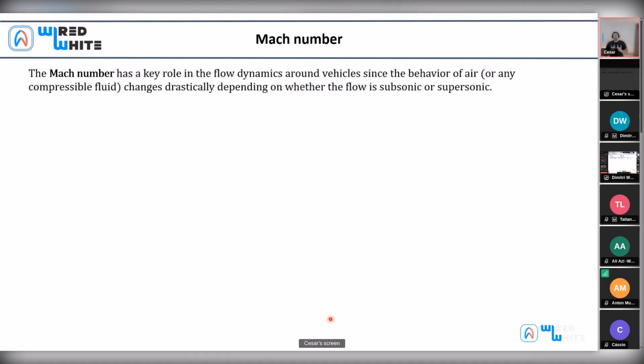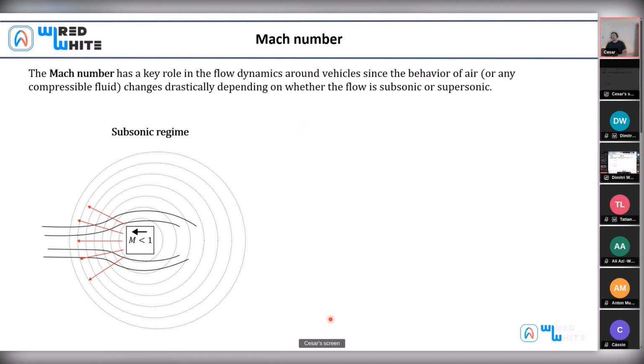So why is the Mach number so important? This is because the Mach number has a key role in the flow dynamics, right? Because these dynamics change abruptly depending on whether the flow is subsonic or supersonic. So let's start with the subsonic regime.